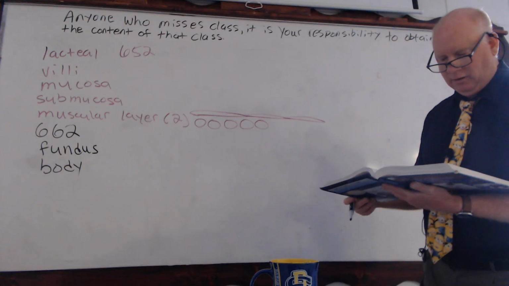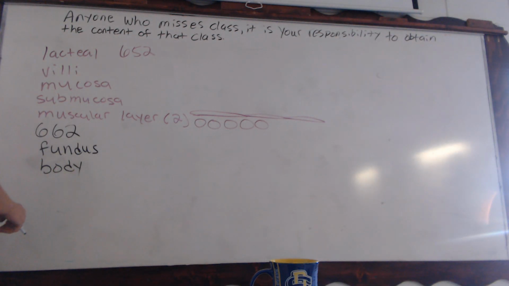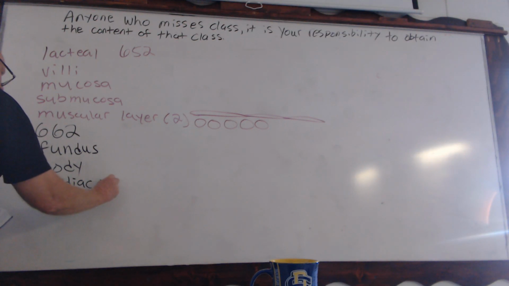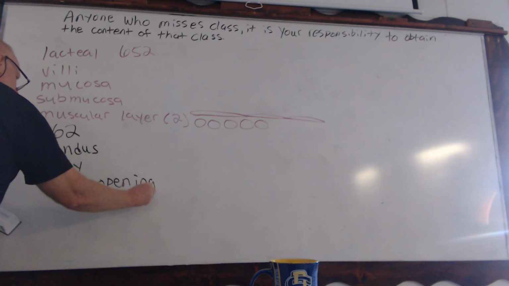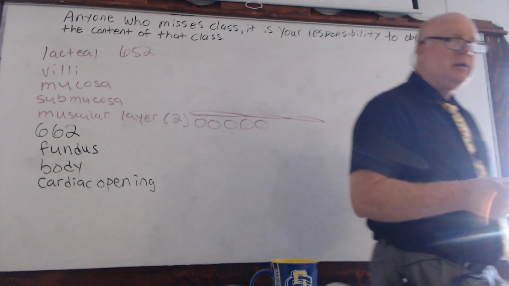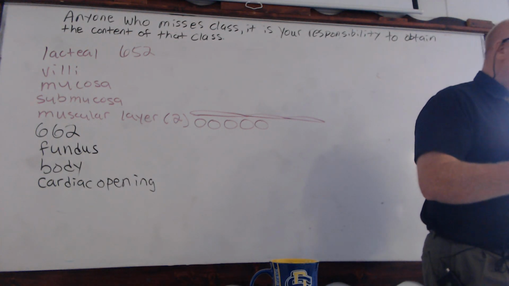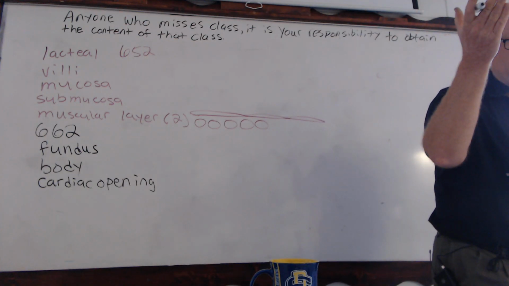Okay. And then it says cardia, but we want to refer to that as cardiac opening. So once you see that, what does that mean to you if we're talking about the cardiac opening? Cardiac is higher, heart. Right, so that means it's higher in the stomach, not lower.